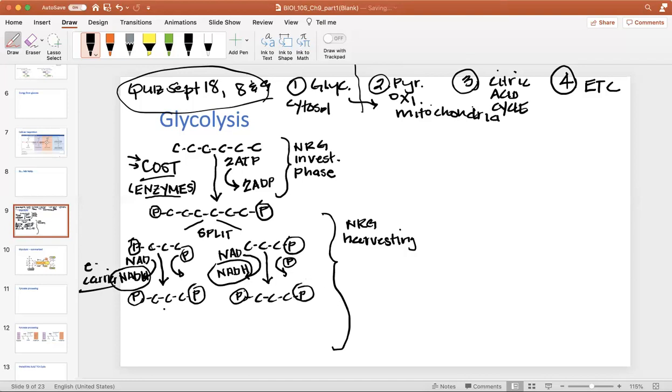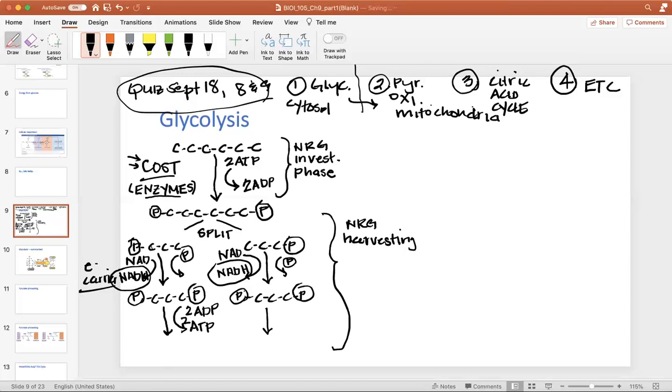The next thing that's going to happen is, through the magic of another enzyme, we can peel each of these phosphate groups off. So what we can do is take 2 ADP molecules, 2 molecules of adenosine diphosphate, and add a phosphate group to one of them and a phosphate group to the other, and we can therefore generate 2 ATP molecules.